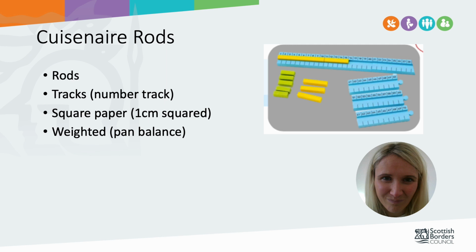And then also, similar to that of Numicon, having a weighted pan balance can be really useful because there is that weighted element to both the Cuisenaire rods and the Numicon pieces. So that's maybe something that you've not thought about or used with these resources before. So a pan balance to show that equivalence and to start to work on that can be highly effective.